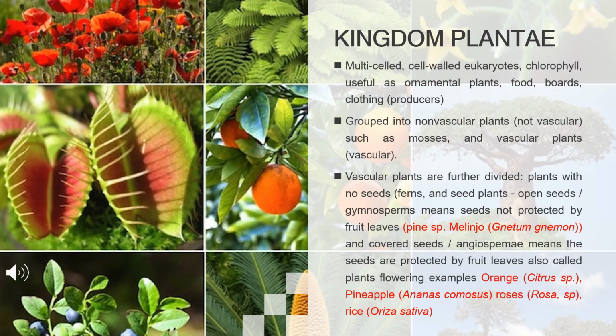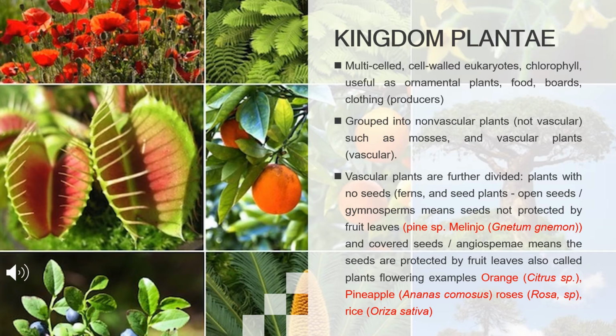Kingdom Plantae. Maybe you are more familiar with it than the other kingdoms. They are multicellular, cell-walled eukaryotes with chlorophyll, useful as ornamental plants, food, boards, clothing, as producers. They are grouped into non-vascular plants, such as mosses, and vascular plants. Vascular plants are further divided into two: plants with no seed, or ferns, and seed plants.